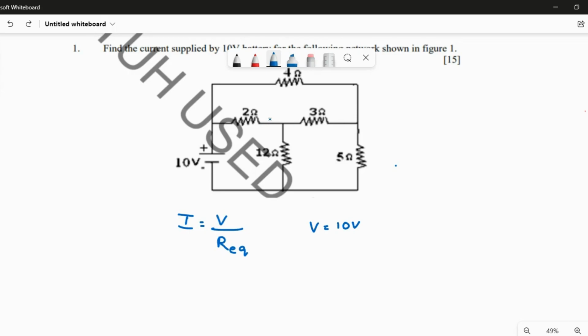Now, if there is no series and parallel connection, check whether the resistors are connected in star connection or delta connection. In this case, this 2 ohm, 3 ohm and 12 ohm, these three resistors are in the form of a star. If you convert the star connected network into a delta network, then your problem will be easier. So let's convert the star connected network into delta.